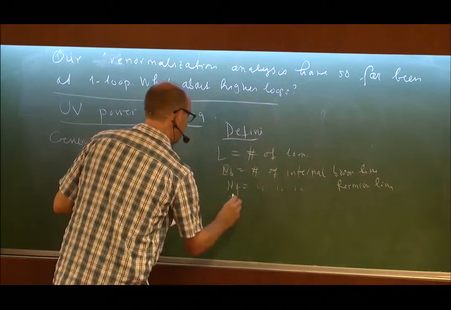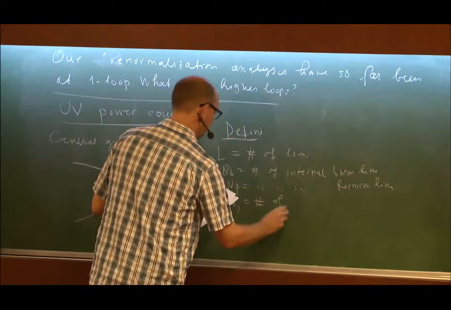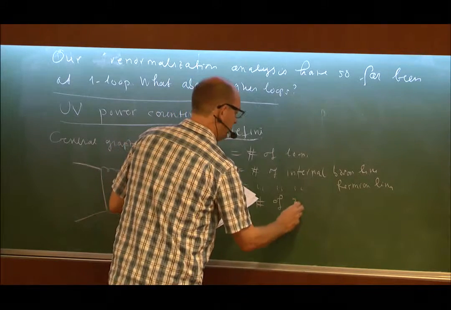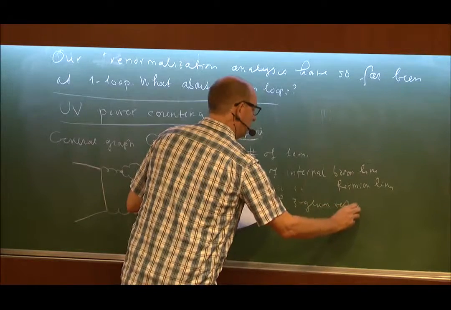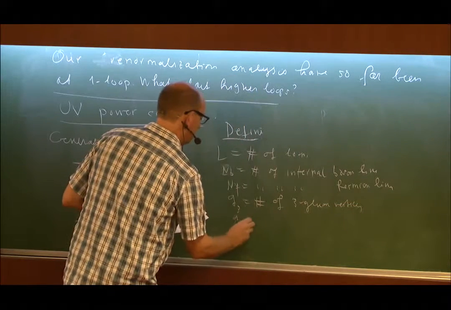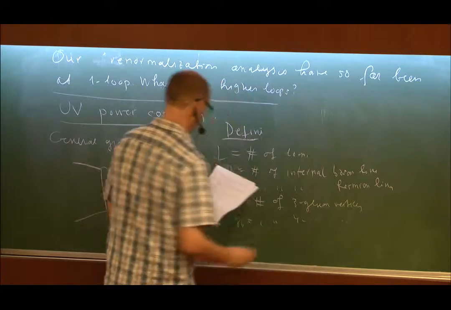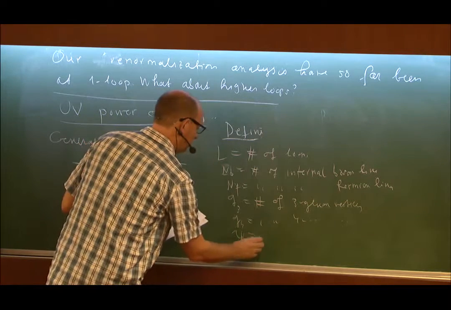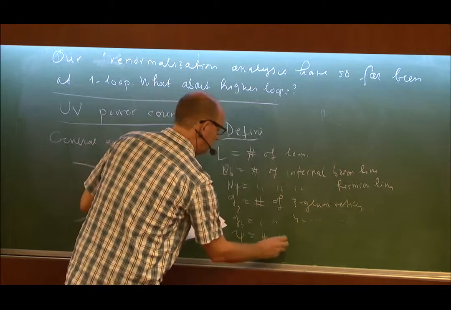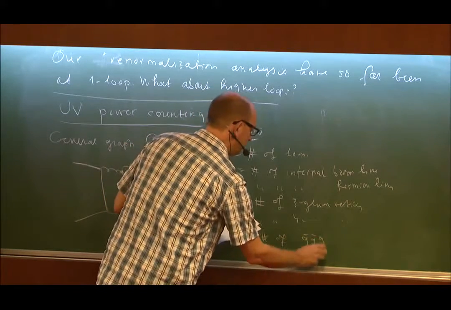What else do we need? G3 is the number of 3 gluon vertices. G4 will be the number of 4 gluon vertices. Psi will be the number of Q bar QG vertices.